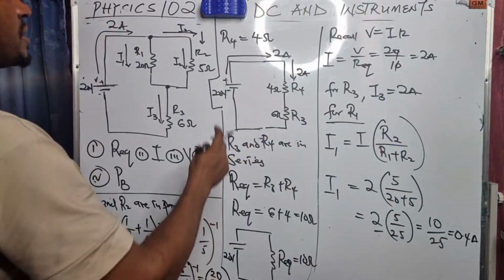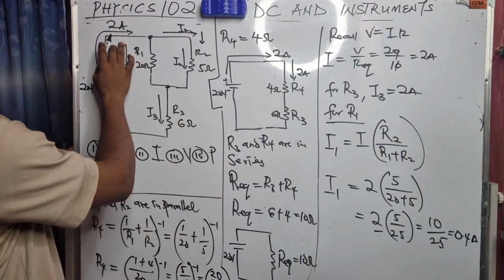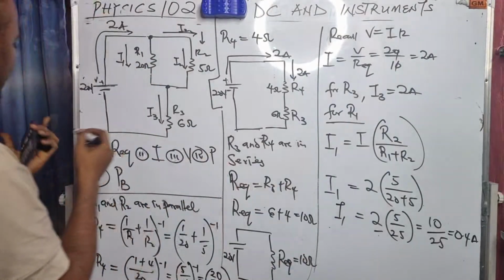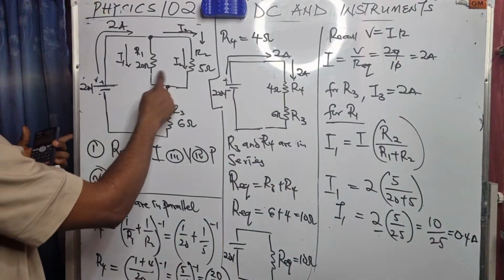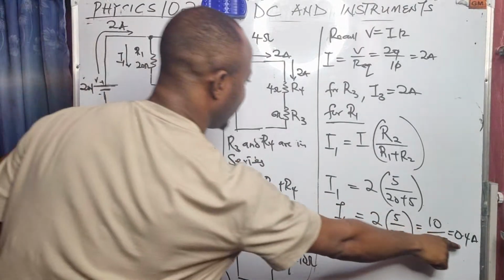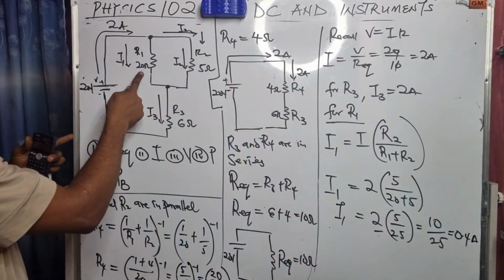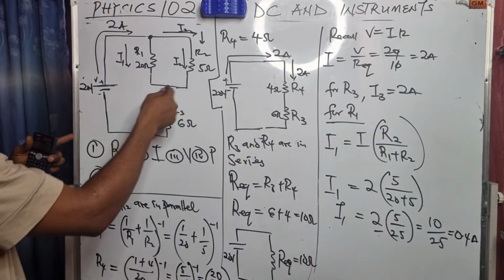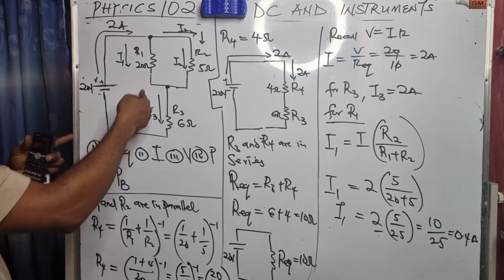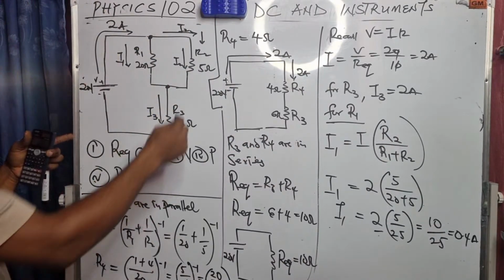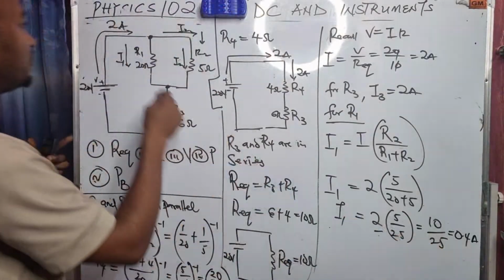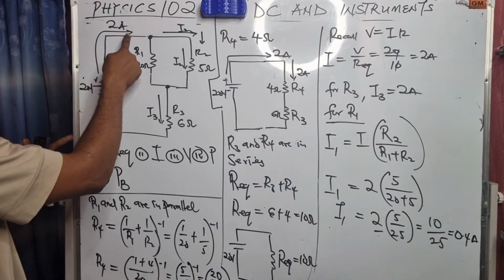Look at this. The total current that flows through here is 2 ampere. Already we have gotten our I1. Since these two are in parallel, it means that along R1, 0.4 ampere of current flows. If the total current is 2 ampere and the current splits, with 0.4 flowing through here, what do you think will be the current that flows through R2? It's simply found by subtracting 0.4 from 2, because this current is splitting.